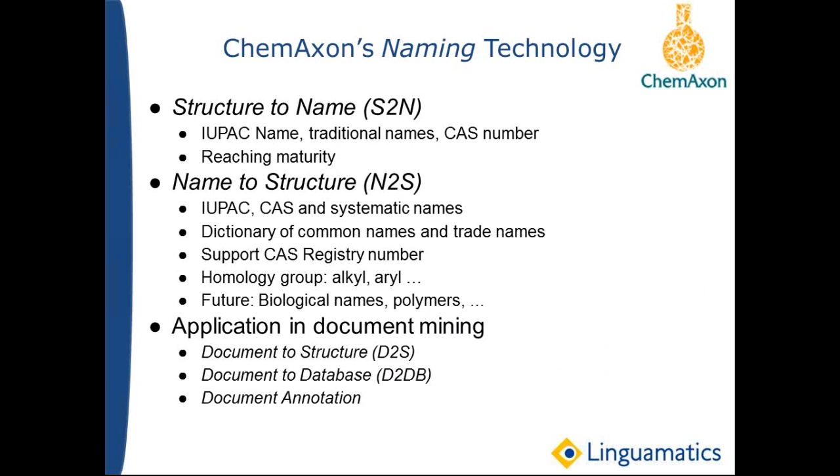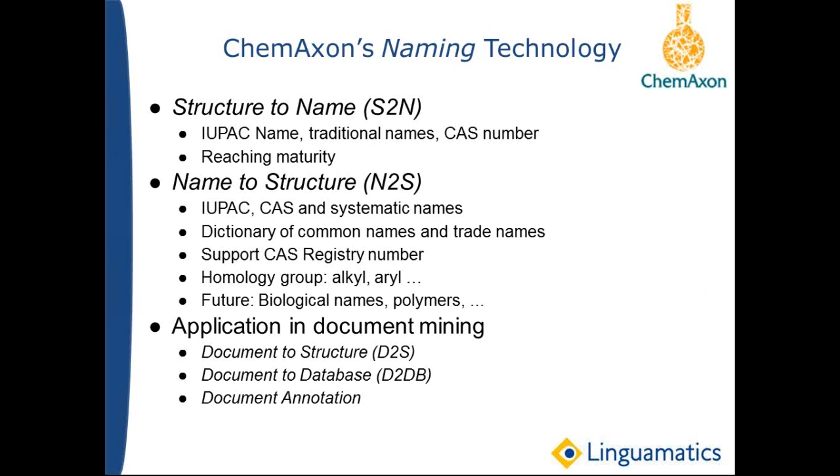We also have a large dictionary of common names. We also support CAS number to name and CAS number to structure conversion. We can also convert fragments, for example, homology groups in a patent claim like R2 group, methyl group, etc. And we're going to include biological names too.